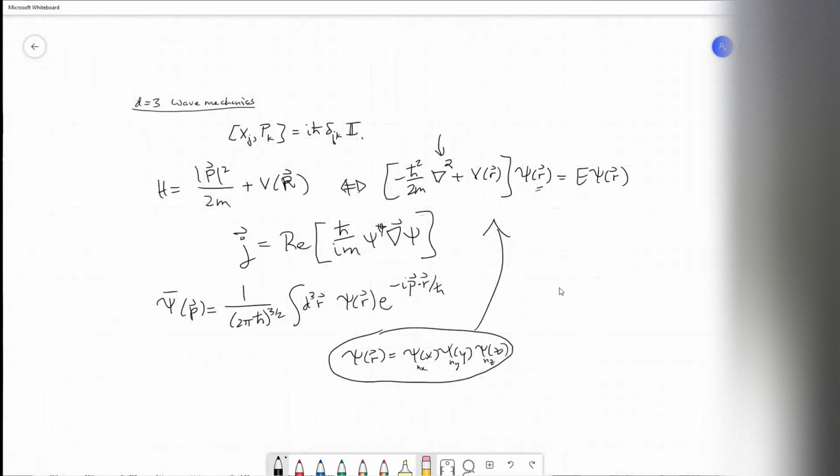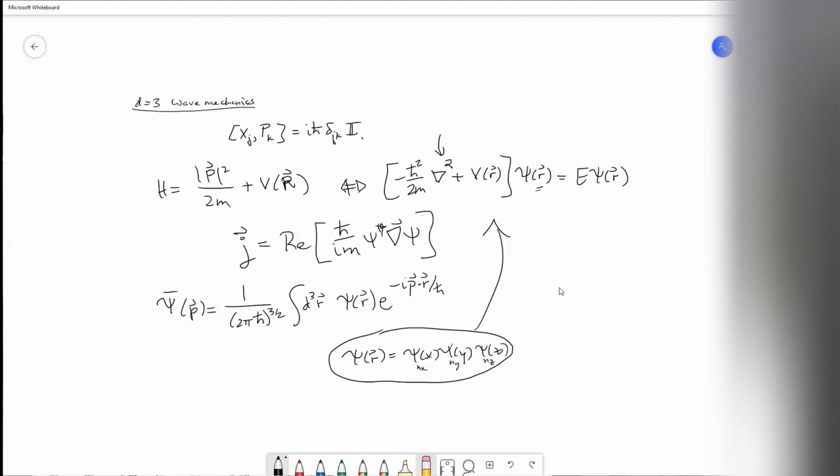Any questions? Energy is additive here, right? Sorry? The energy E, it's the sum of the energy nx, ny, nz. Well, it depends on the example.